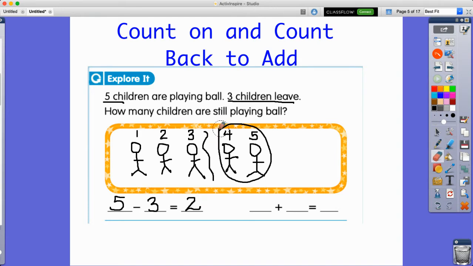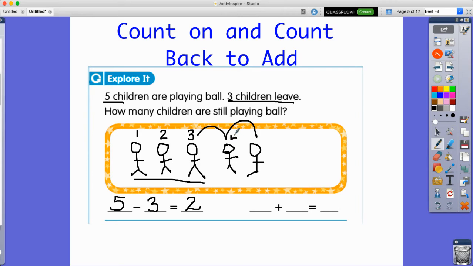Now, I can also think about this as addition. So if I know that I have 3 children right here, I can think about what I can add to get to 5. So if I did not have these numbers, think about, okay, so 3, 4, 5.